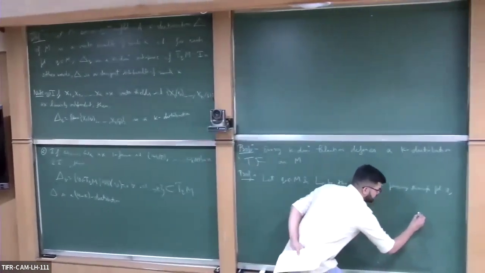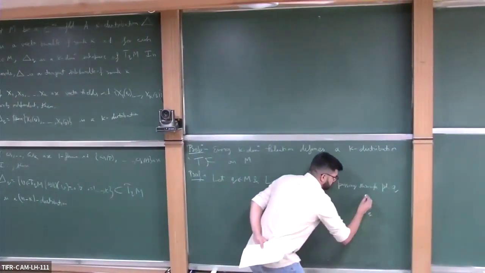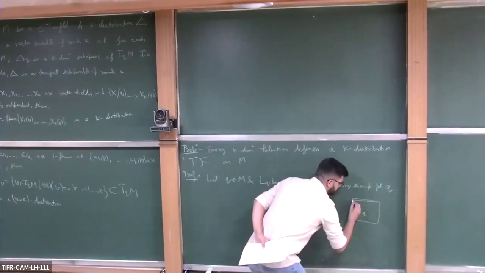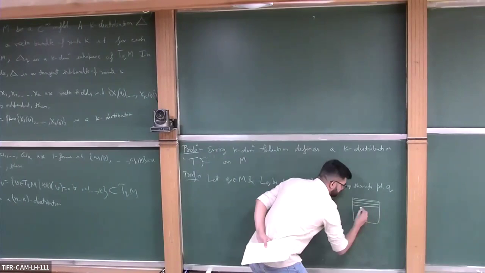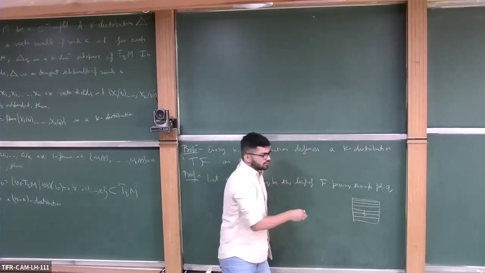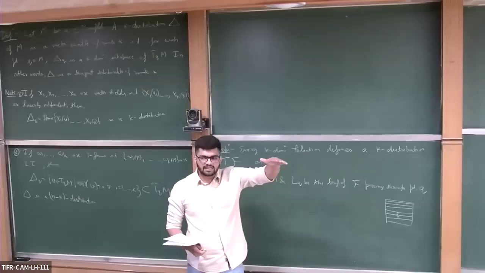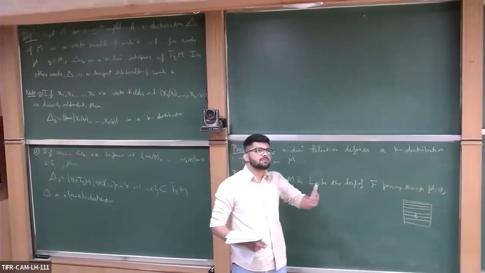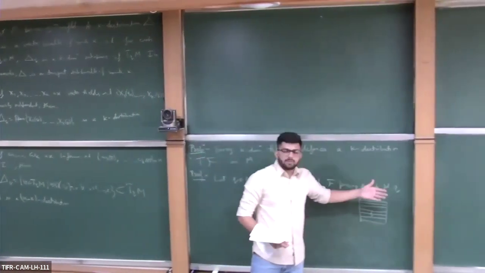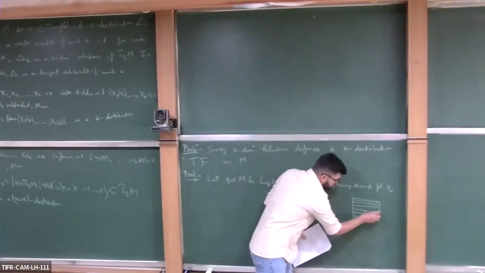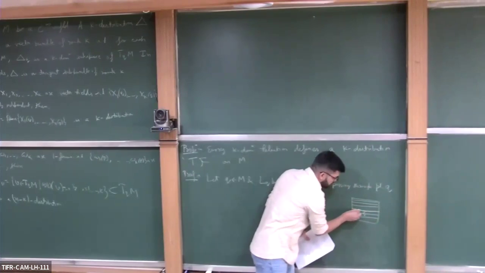So corresponding to Q, I have a unique k-dimensional subspace of the tangent space, which is the set of tangent vectors tangent to this k-dimensional disk.